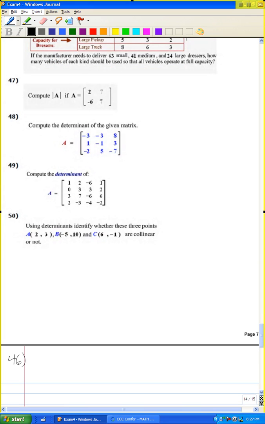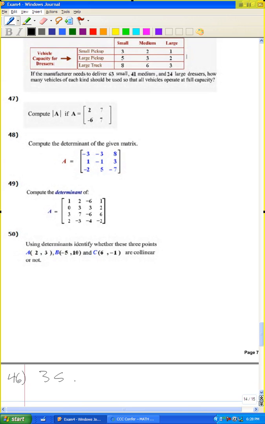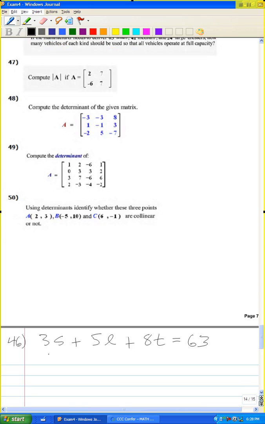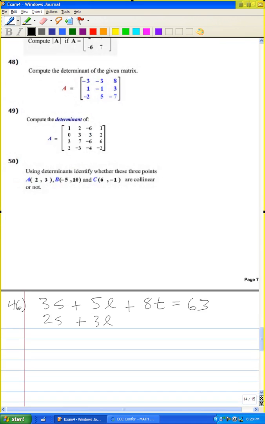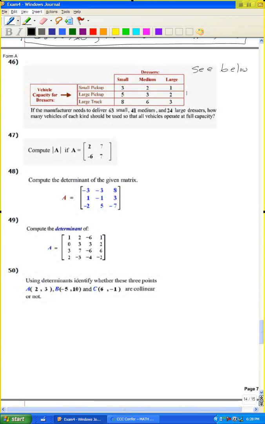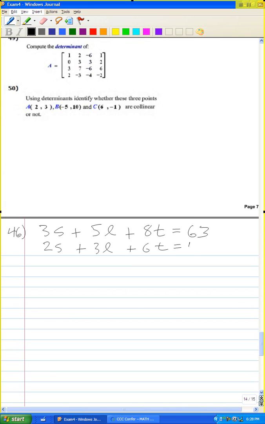So 3 small pickups plus 5 large pickups plus 8 large trucks is equal to, you need 63 dressers to be delivered. So medium, 2 small pickups, 3 large pickups, and 6 trucks need to be used to deliver 41 medium dressers.